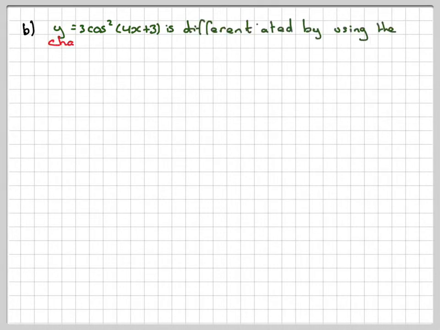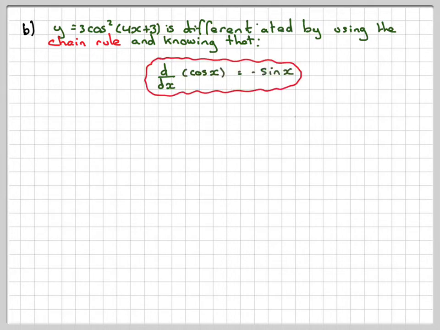The next one is 3 cos squared (4x plus 3), and again that's differentiated by using the chain rule, knowing the fact that the differential of cos x is in fact minus sine x.